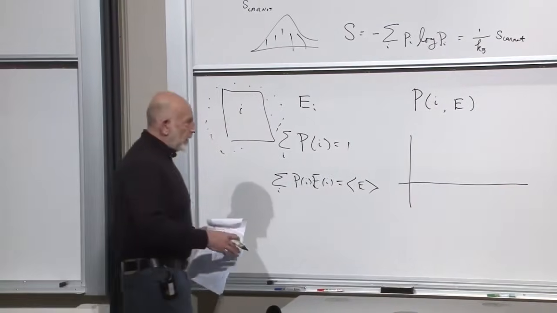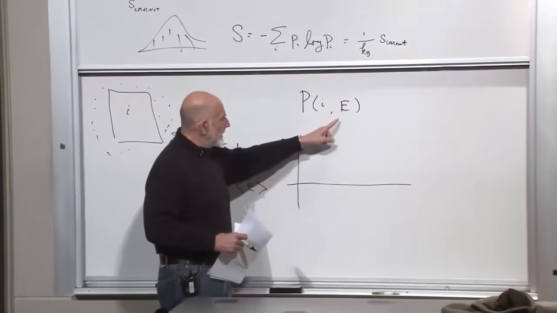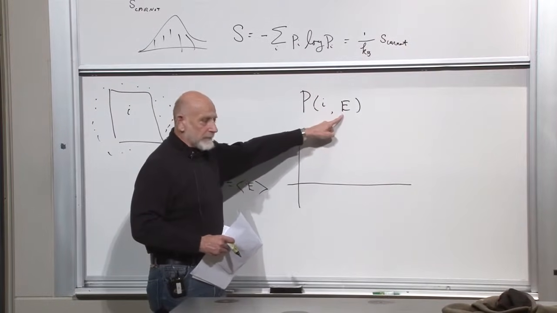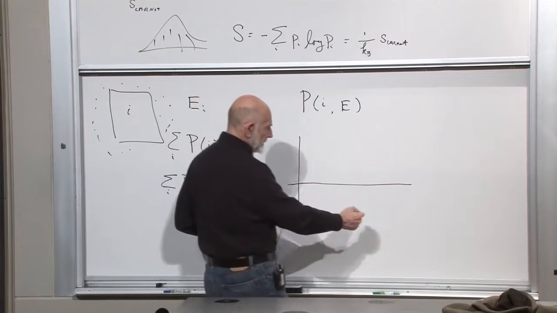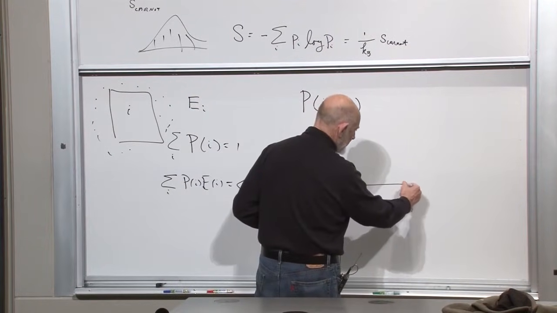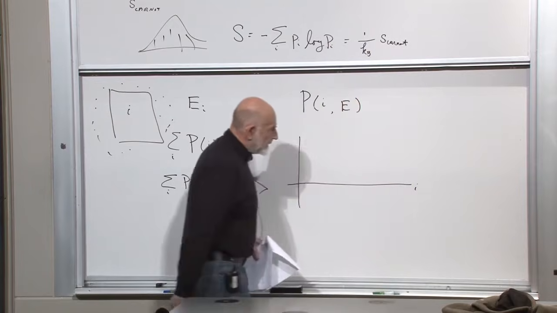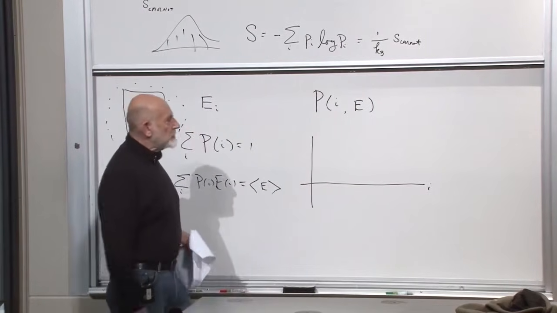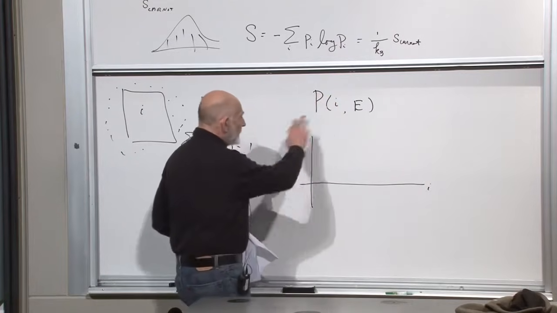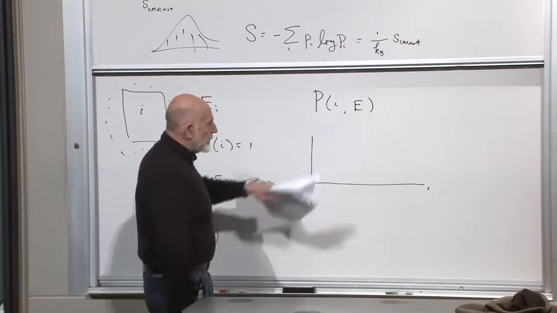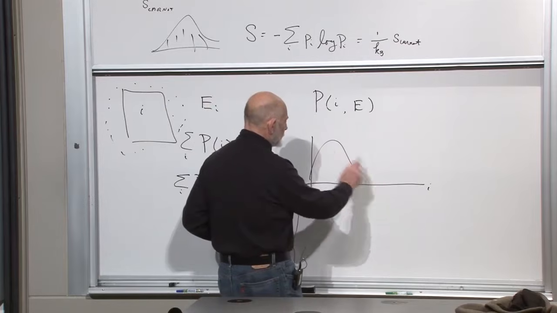There's a family of them, one for each value of the average energy. On the horizontal axis, we could plot either the ith state of the system or the energy of the ith state.